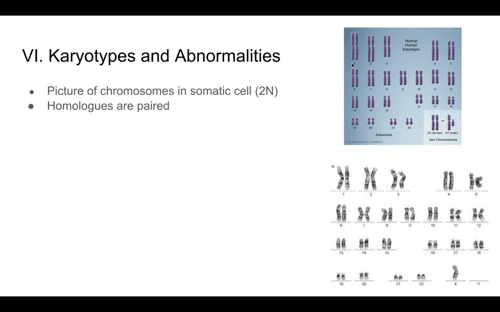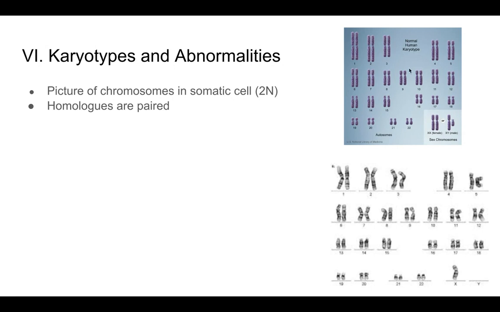So homologs are represented. They typically take the images during metaphase, but then there is some computer manipulation. They're going to cut the images out and drag them around and pair them correctly, and then also stage them from big all the way down to small, and then leave this last pair for last on purpose.